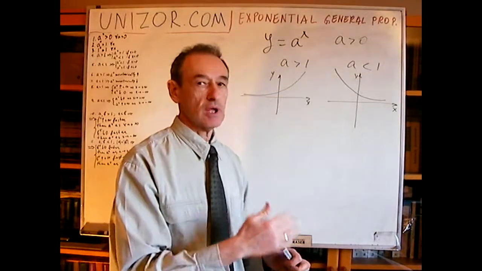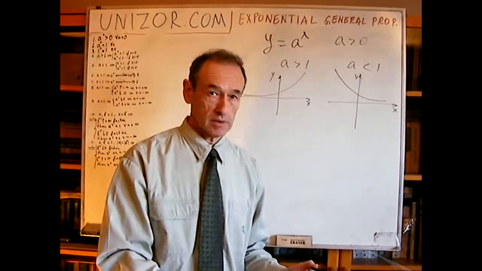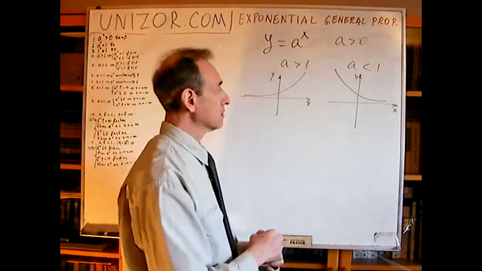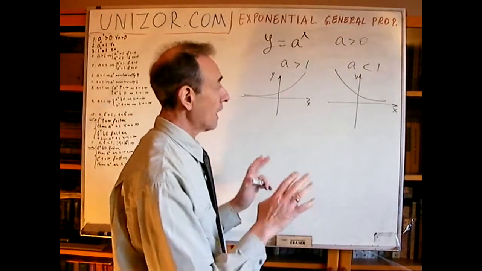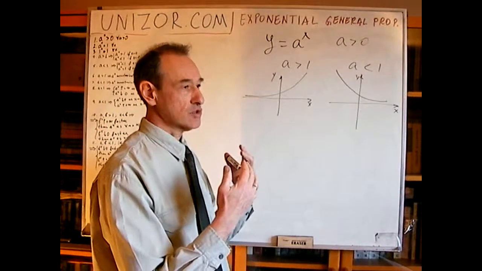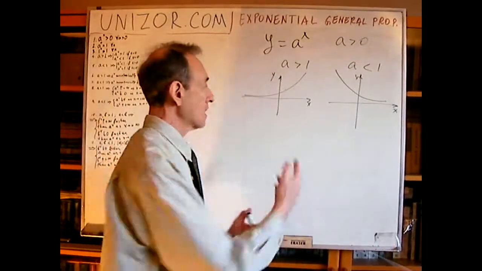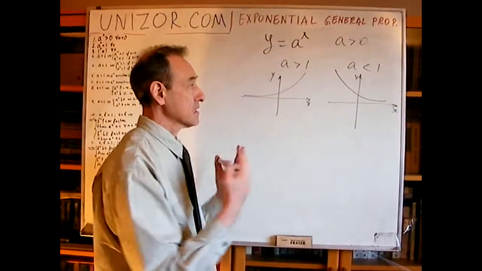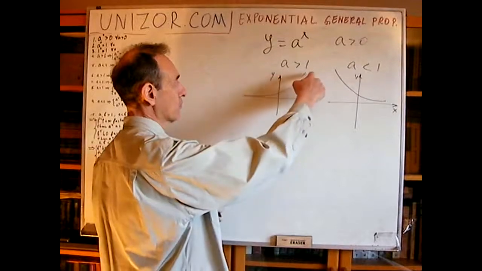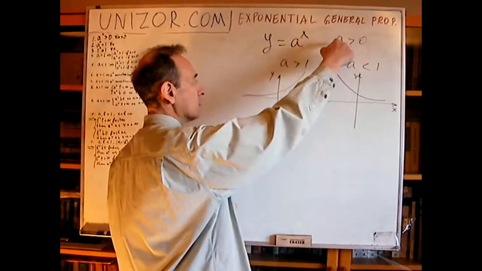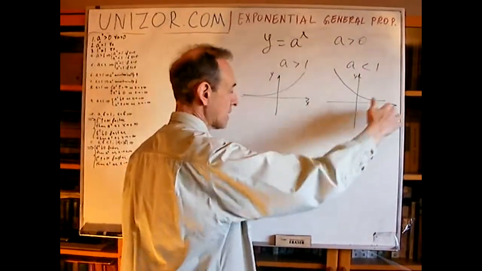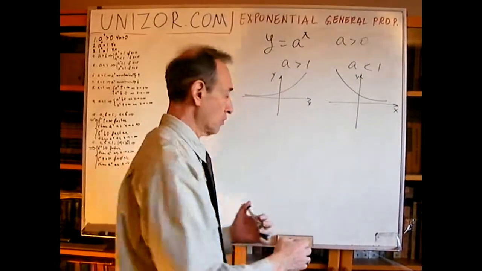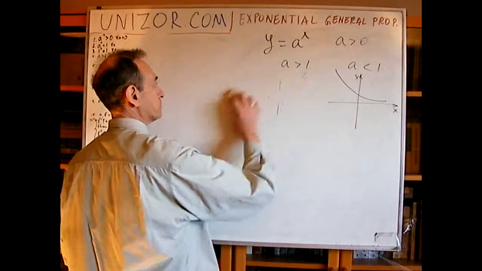The foundation is the properties which I'm going to talk about in this lecture, and the graph will be explained in more detail in the next lecture. However, it's easy to talk about properties if you have these pictures in mind, because I have them in my mind. That's why I would like you to have them. For a base greater than 1, it's increasing. For a base less than 1, it's decreasing.